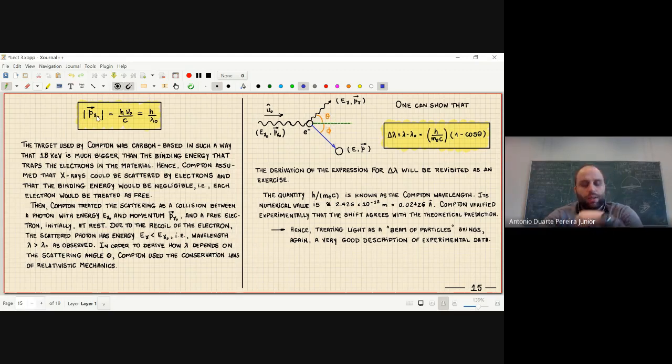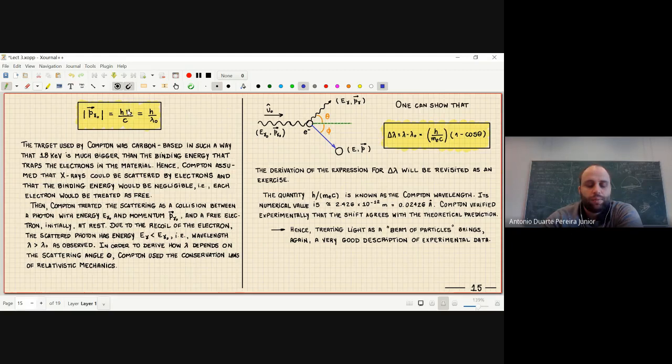Now coming back to the momentum of the photon, I said that the momentum is the energy divided by c. So if I want to compute the absolute value of the momentum, this is h nu, which is the energy, divided by c. And we have learned that the frequency and the wavelength are related by the velocity.